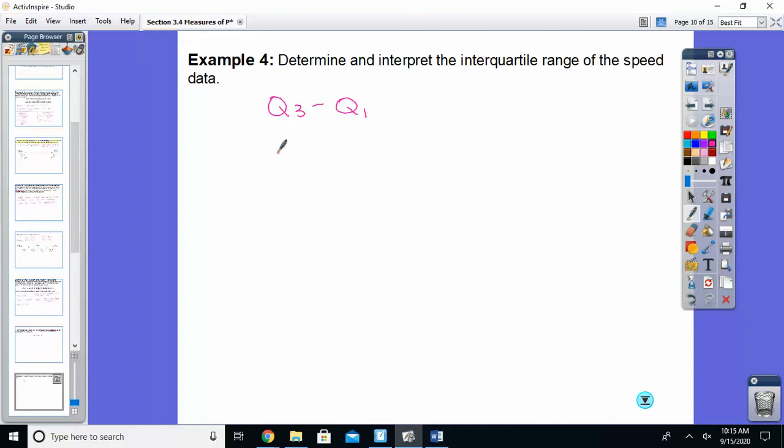What was my quartile 3? So my IQR, quartile 3 minus quartile 1, is 10.